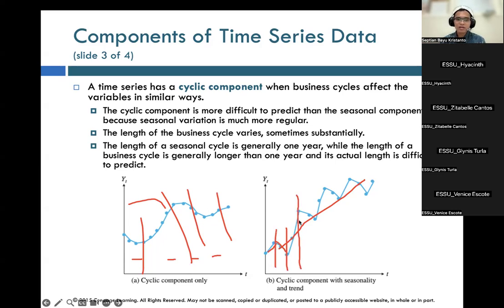It's very long going up, short going down, and very long going up again, short going down, short going up, short going down. This is the kind of cyclical component that we cannot predict easily with these patterns.